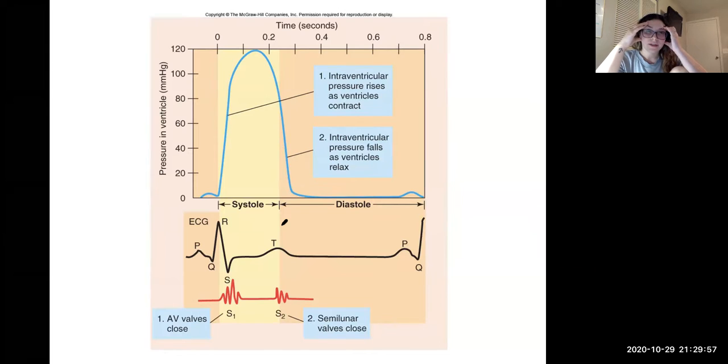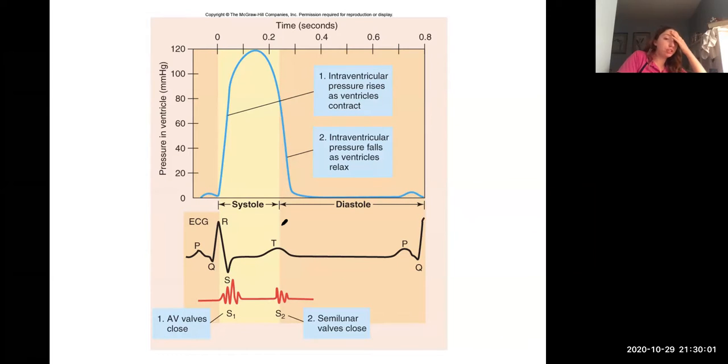Right? Yes. Okay, so this is basically showing what I was trying to explain. This is showing the contraction of the ventricles.